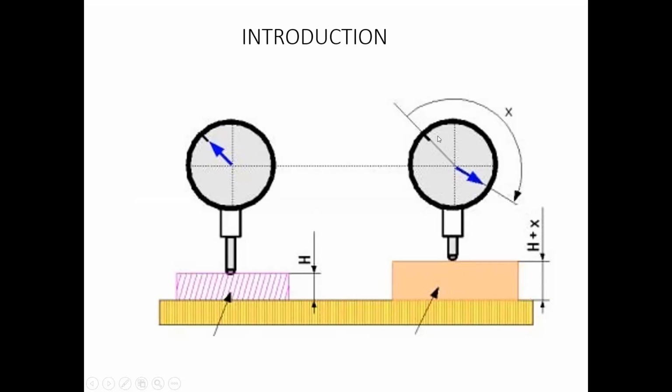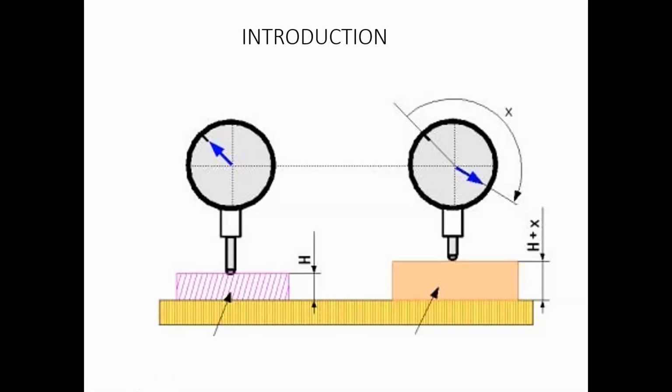So this comparator is only meant for indicating the difference of the dimension from the master slip gauge to the work part. Here, the master slip gauge height is H and the work part height is H plus X, but it will not show the H value, only the X value. It will not give the actual measurement of the work part.